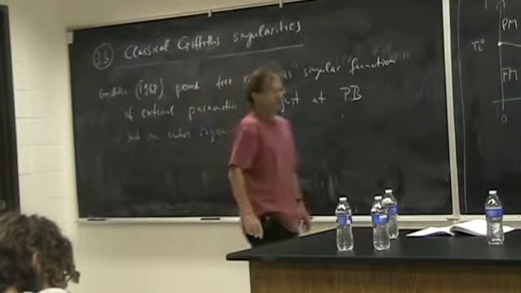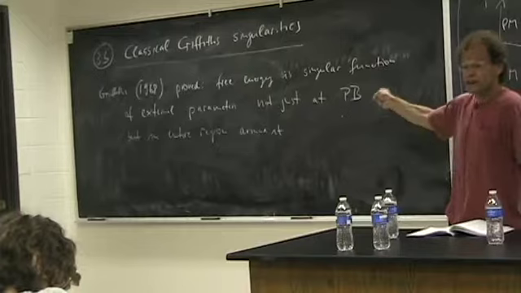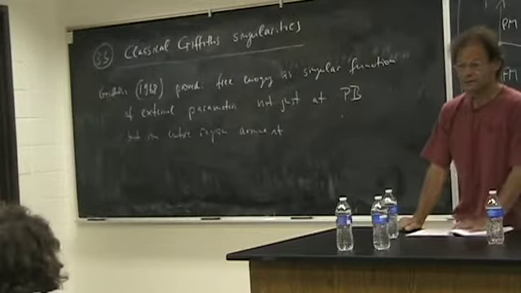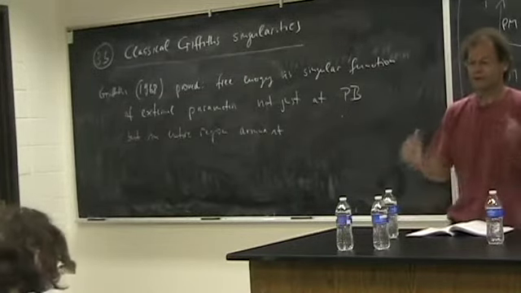So does that mean that some derivative is not defined? We will actually see how the singularity looks in a minute. Yes, that means some derivatives are blowing up, right?